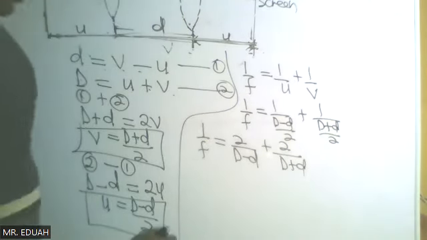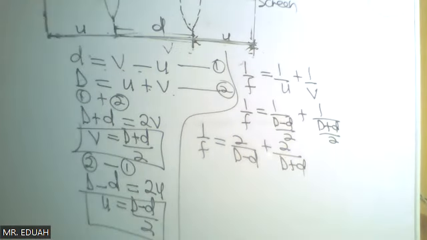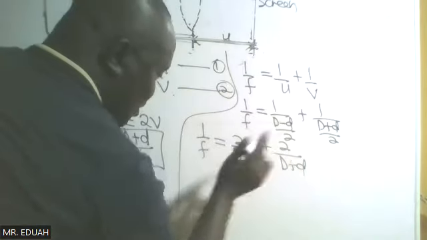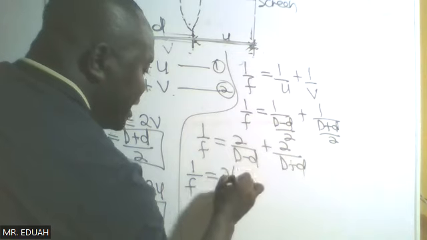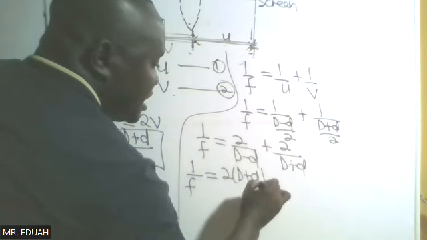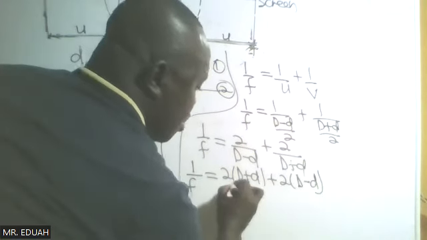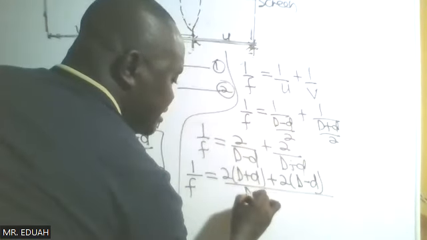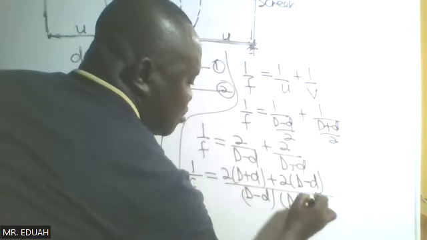We simplify this. Maybe LCM, or you cross multiply. So 2 times D plus small d plus 2 times D minus small d, all divided by D minus small d times D plus small d.